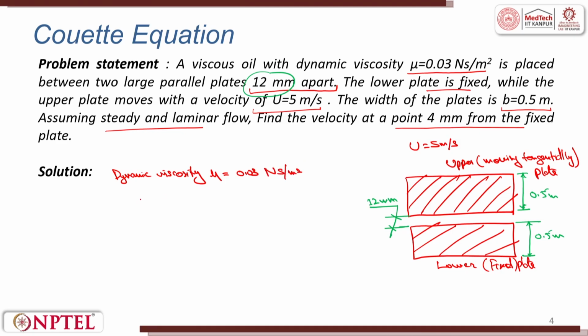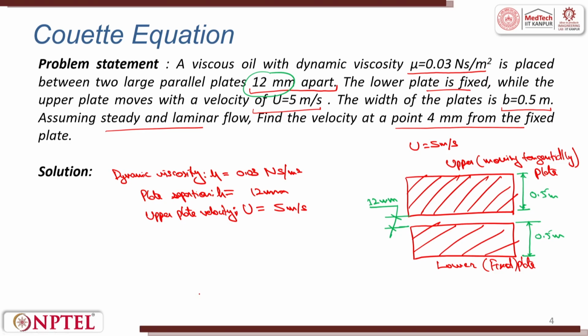Then we have plate separation h, that is 12 millimeters. Then we have the upper plate velocity, which I will denote as capital U. This is 5 meters per second, and the plate width is 0.5 meter each.